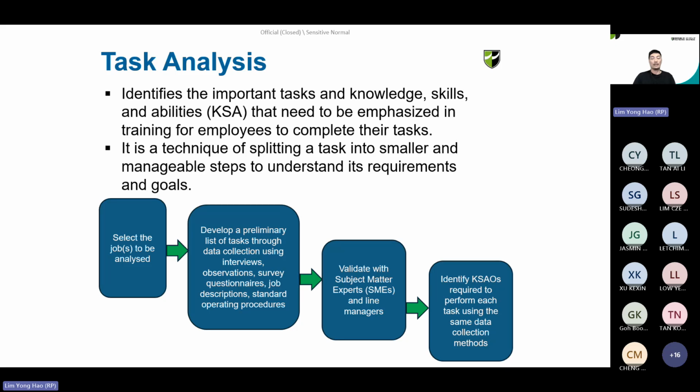Then, when they had their list of tasks, they validated it internally. The subject matter expert is the line manager. They had that list of tasks, then they started to break down the KSAO based on both the existing competency framework as well as new competencies that they identified through the new tasks. So that was the work that they did for Mendaki.